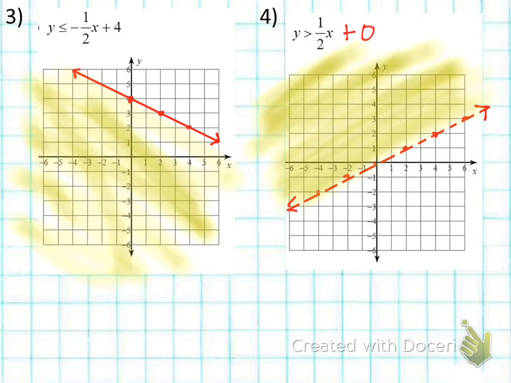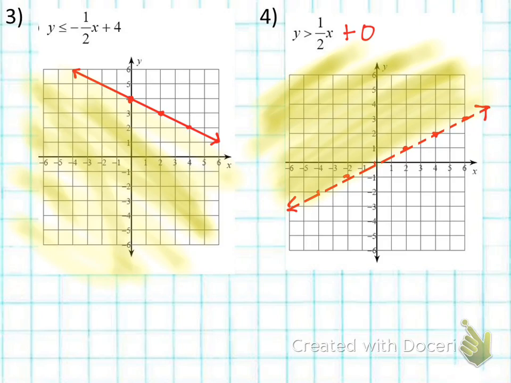Shading above. How do you know where to shade? Okay, that's a good question. Listen. A couple things you should know. This is a negative slope. You see how the slopes look the same, but one's positive and one's negative?